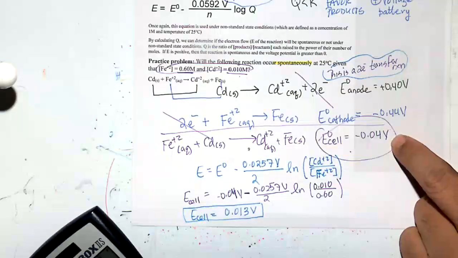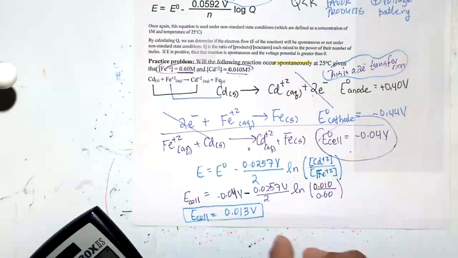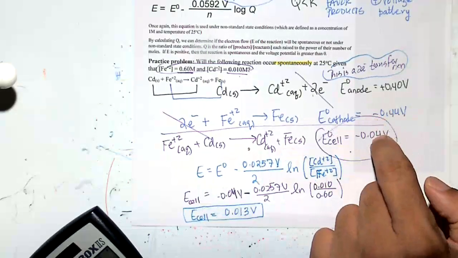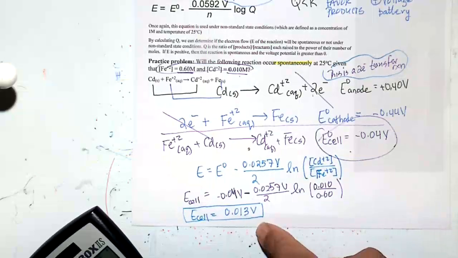Notice under standard state it's not spontaneous, but if you play around with the concentrations of the anode cadmium and the cathode iron, you can get it to be a tiny bit positive voltage.